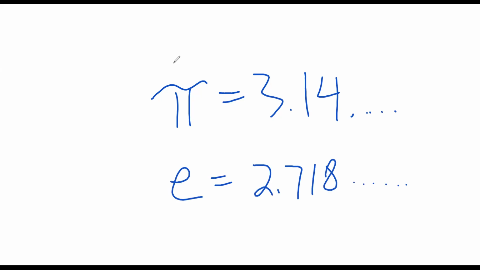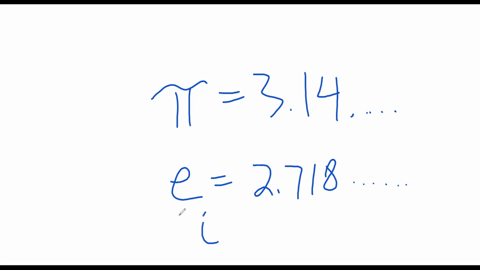And e is actually probably more important than pi in mathematics. It's just you're not always going to have a reason to deal with it. We'll deal with e when we get to the Math 1332 portion of this course, when we talk about something called continuously compounding interest. So in other words, e is a constant in math, so we probably shouldn't use lowercase e as a variable. We should leave that one alone.